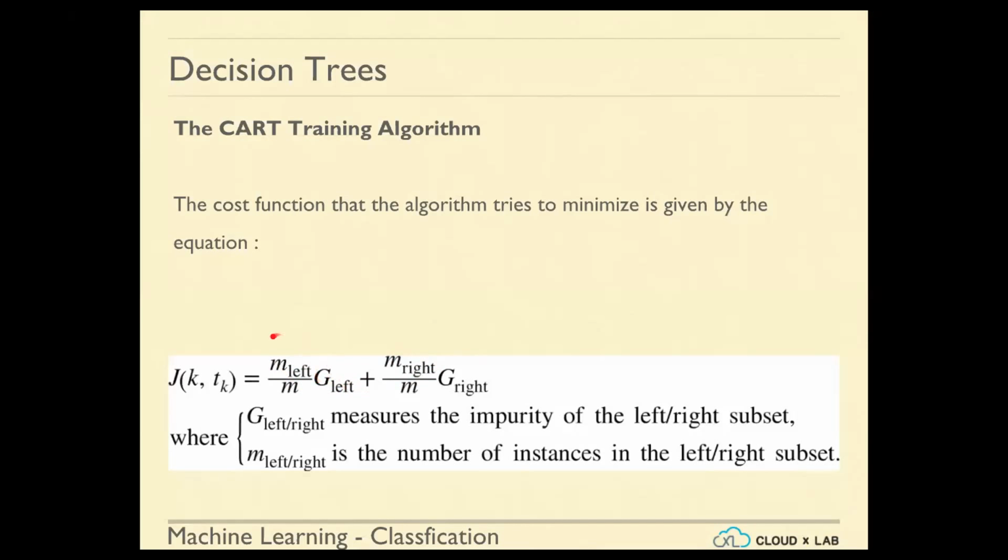The total number of instances on the left multiplied by its impurity, plus total instances on the right multiplied by the impurity on the right, both divided by total instances. So it's essentially a weighted average of the impurity. This is what it tries to minimize, as in the less the impurity, the better it would be.